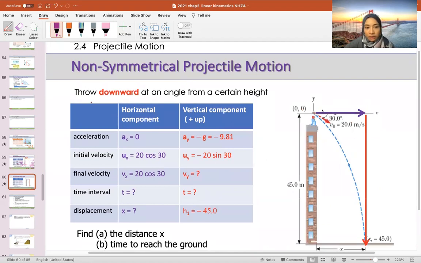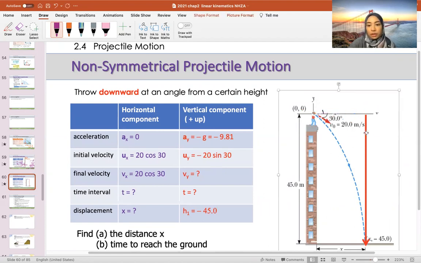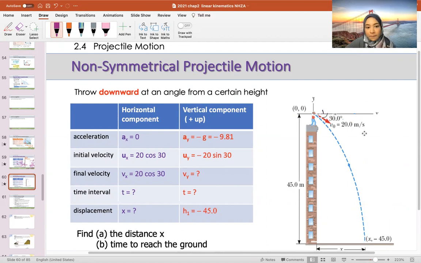Okay, so this one, it is thrown downward at an angle from a certain height. So it goes down like this. So if we wanted to solve for the ux and the uy, how would I do this? So this is my ux and this is my uy. So what should be the equation for my ux? Is it a sine or a cosine? Is it cosine?